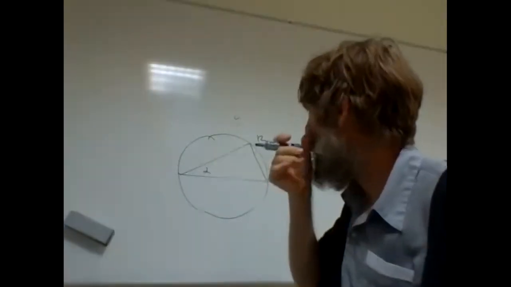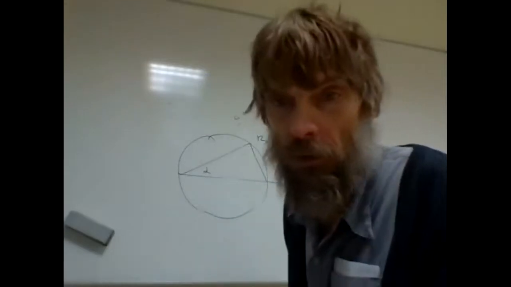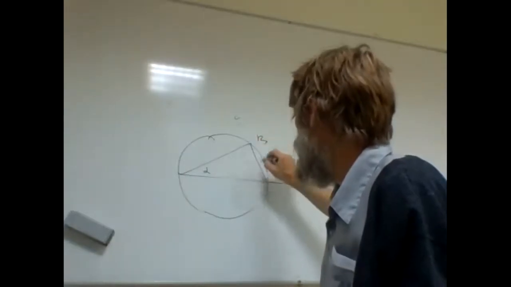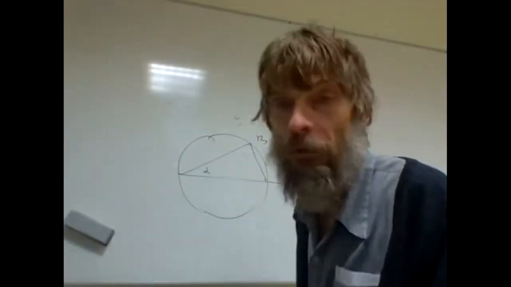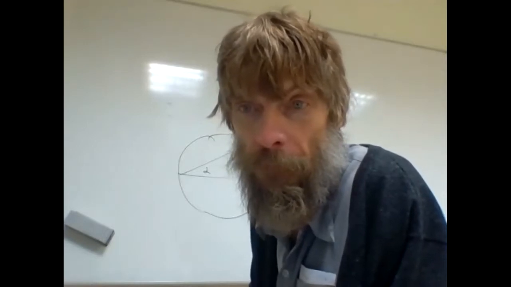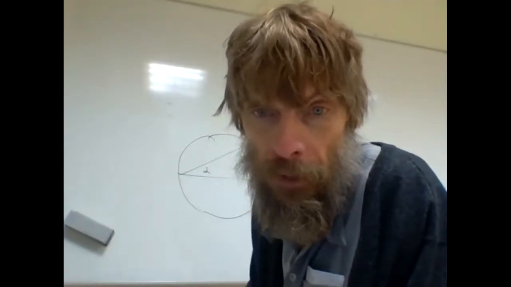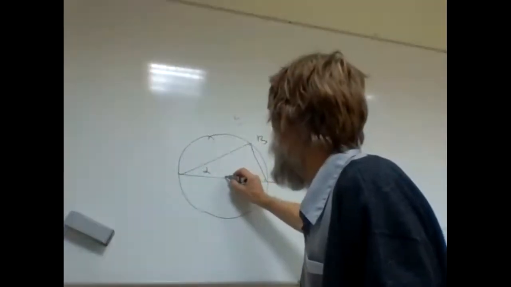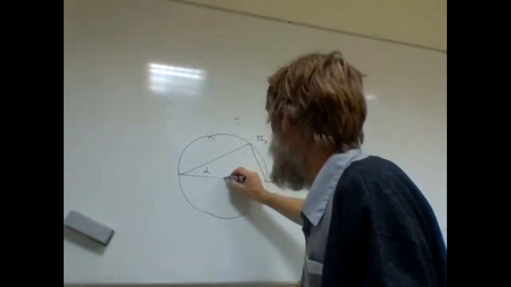What we shall do now is express this length, that length, both in terms of alpha, and then take the derivative of it. There are different ways of doing this.